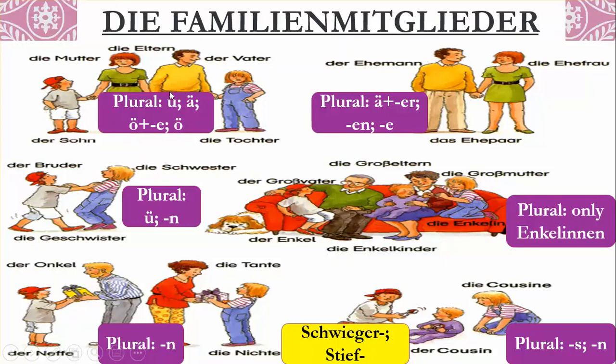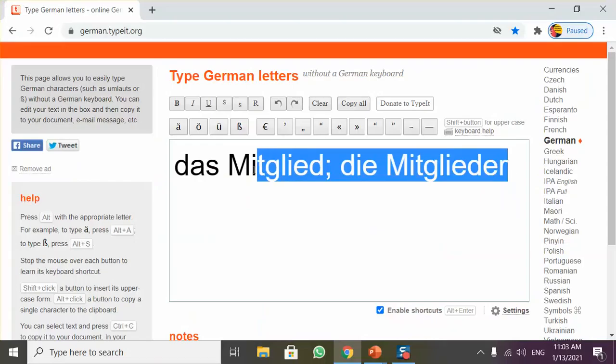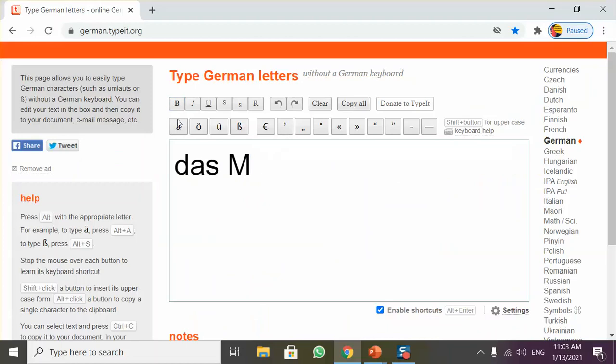Also note, a girl gets the neutral article das, and a girl is das Mädchen.